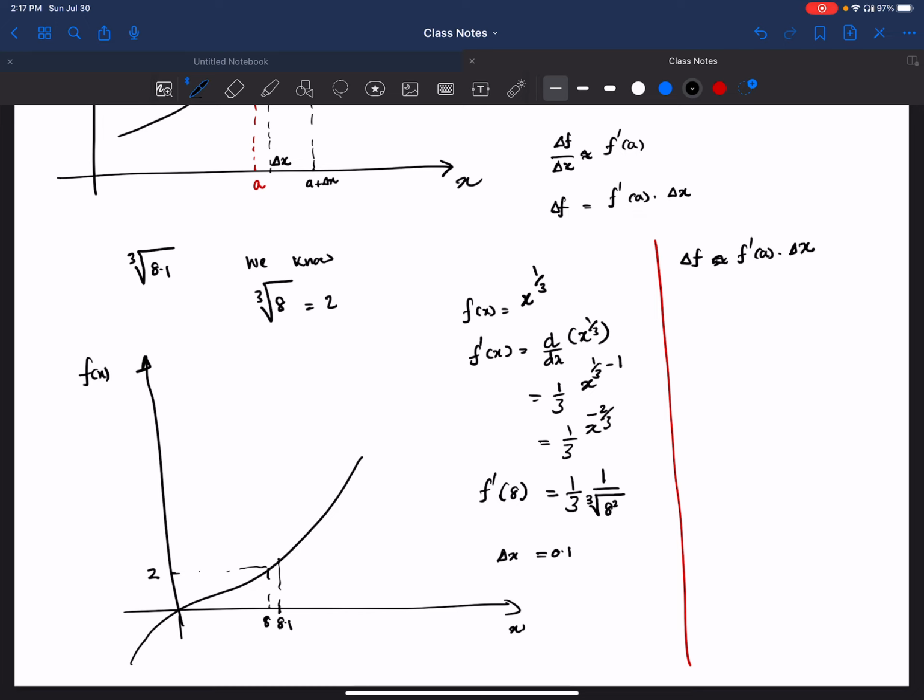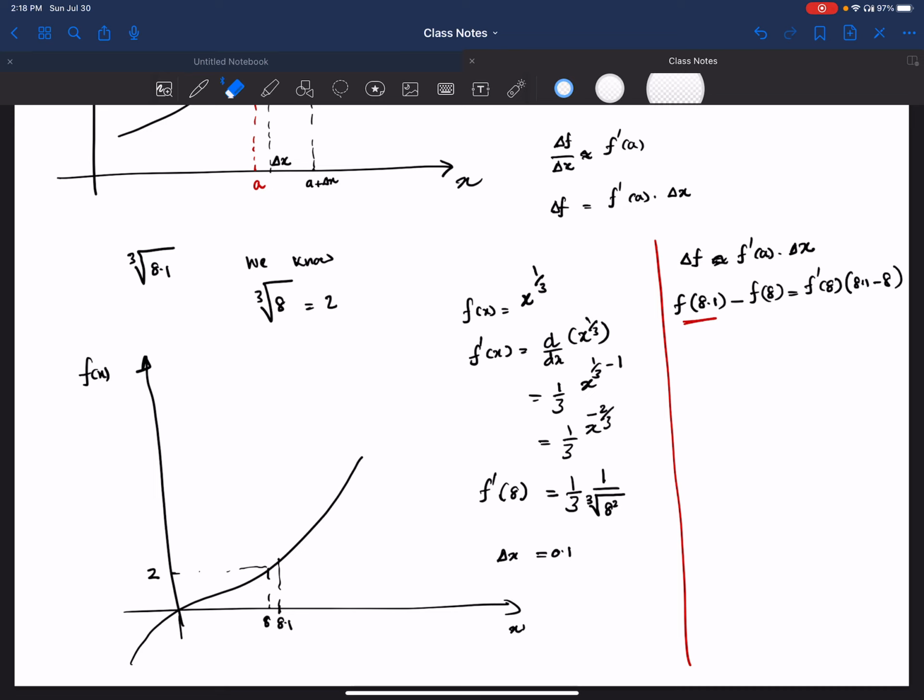That means f of 8.1 minus f of 8 equals f prime of 8 times (8.1 minus 8). So what we are looking at is finding this.